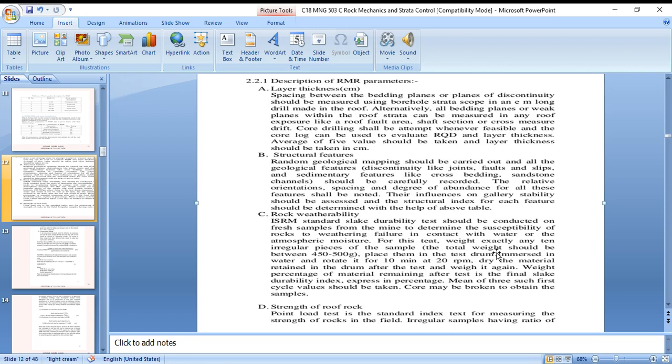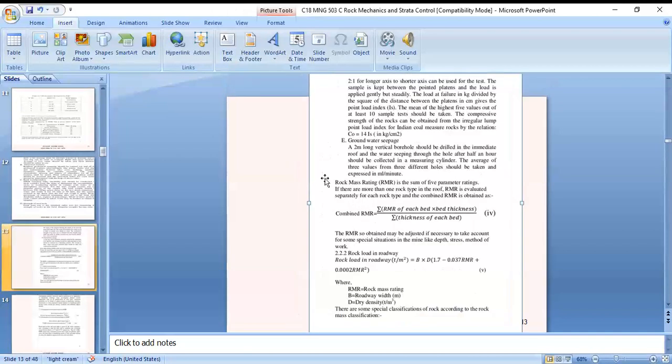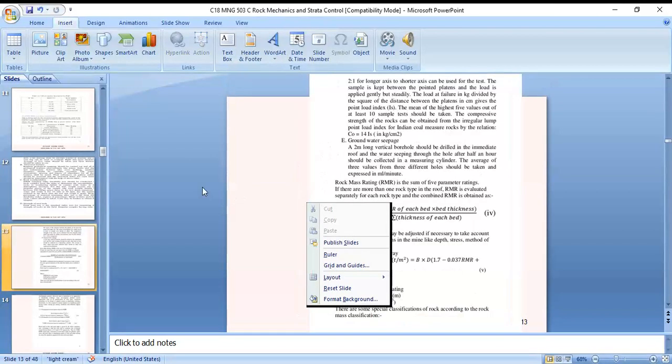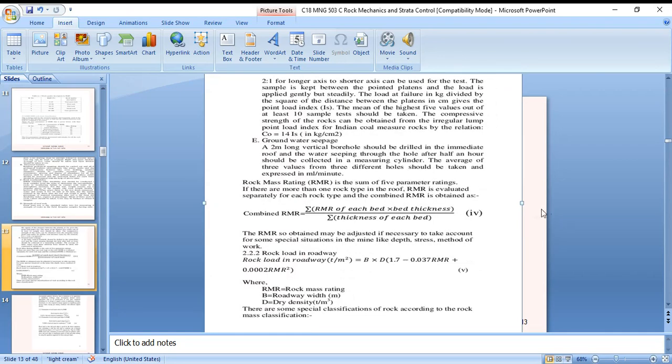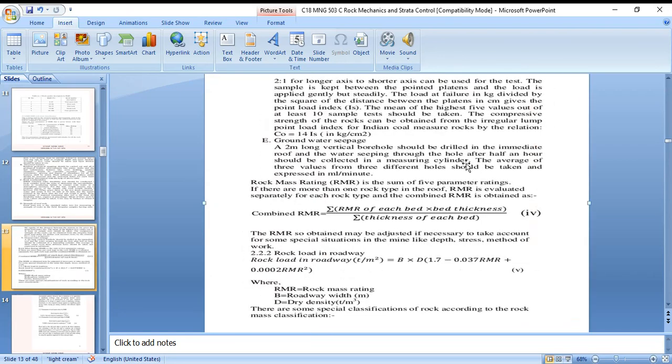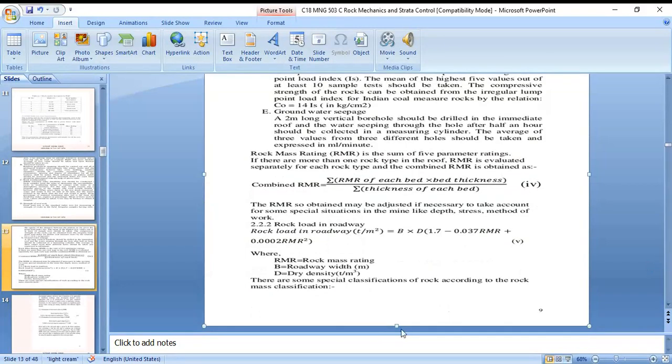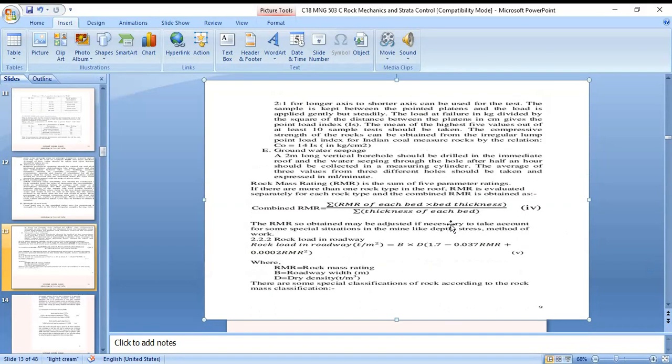The strength of the rock is also one of the important factors for consideration. The point load test is the standard index test for measuring the strength of the rock in the field. Irregular samples have to be used, with a ratio of 2:1 for longer axis to shorter axis.